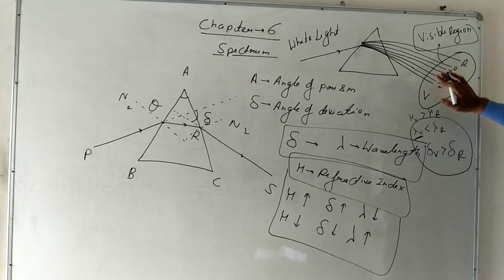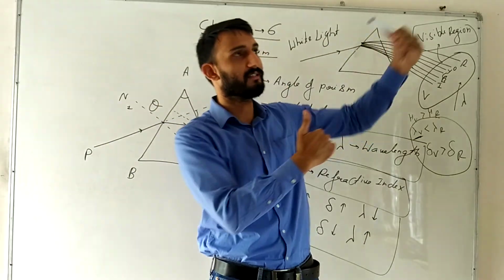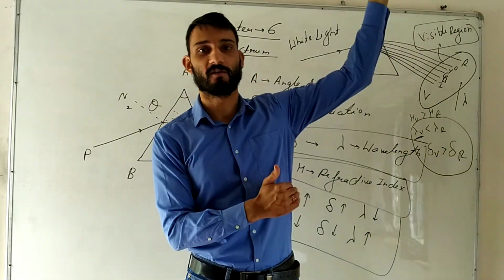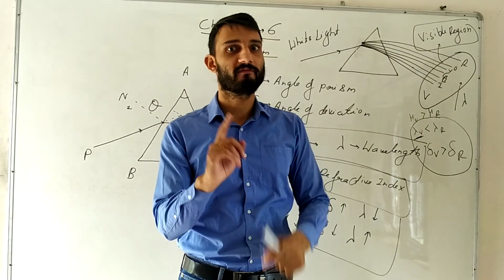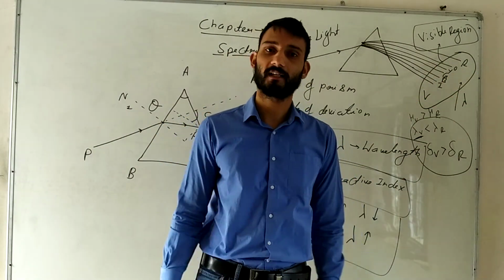So this whole VIBGYOR belongs to the visible region. When I say visible region, it should be clear that it consists of these 7 colors, VIBGYOR, starting from bottom to top. As we go up, wavelength will increase. All right, thank you.